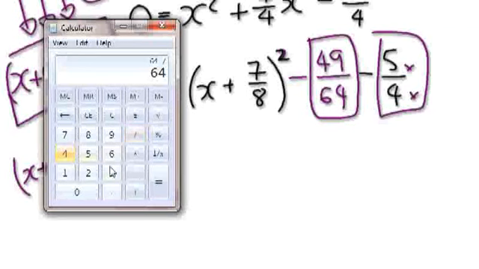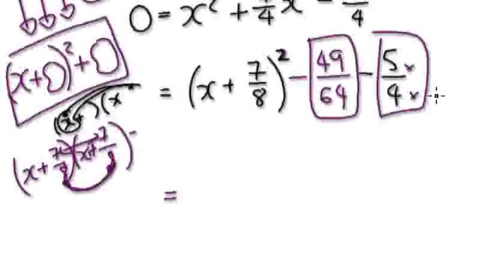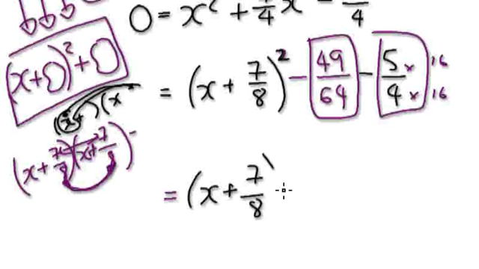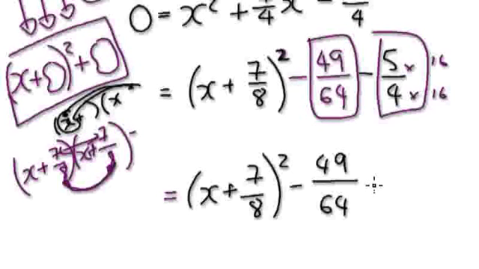So 64 divided by 4 equals 16. So I know I can times top and bottom by 16. Okay, so let's rewrite this here. So x plus 7 over 8 squared minus 49 over 64.